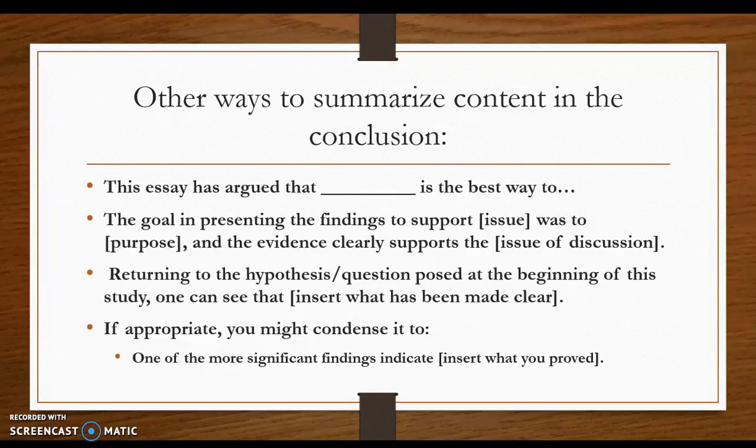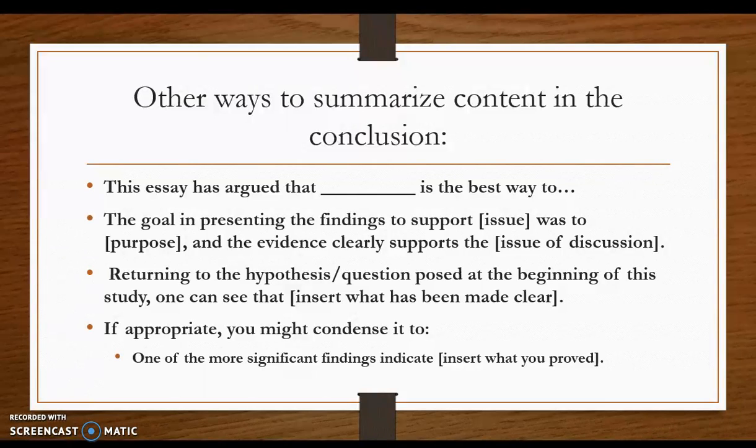So the goal in presenting the findings to support whatever it was, so if it was global warming, was to persuade citizens to take action, and the evidence clearly supports whatever the issue of discussion was, so whatever those specific points were. So you can fill in the blanks in any of these.